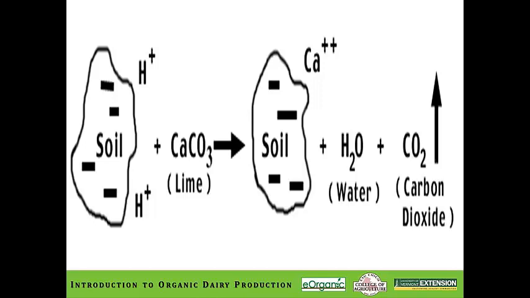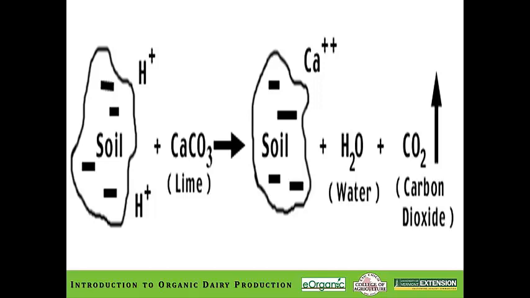But the basic principles are such that when you lime with a material like calcium carbonate, the calcium being a little bit stronger than the hydrogen, you can see these +2 versus +1, has the ability to essentially bump off the hydrogens through brute force and essentially kick them off your soil colloids, replacing them with calcium and increasing your pH. And then the byproduct, of course, is water and carbon dioxide.